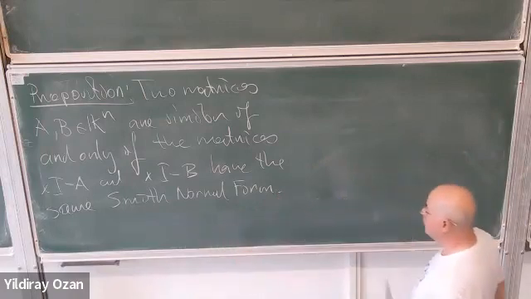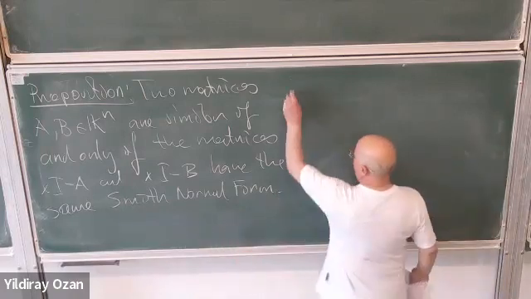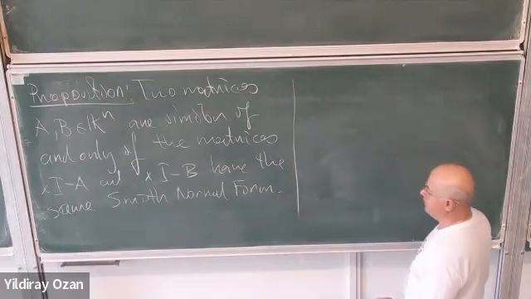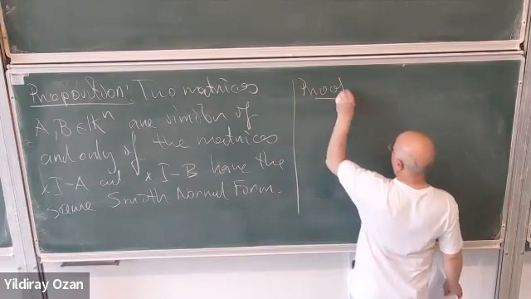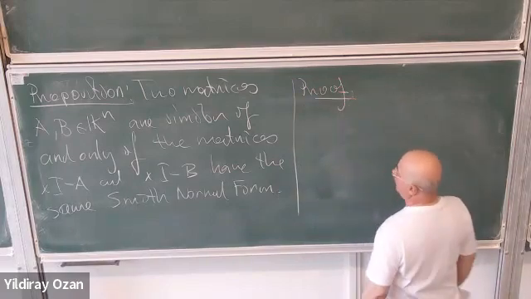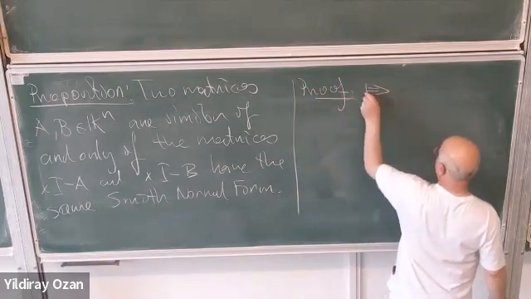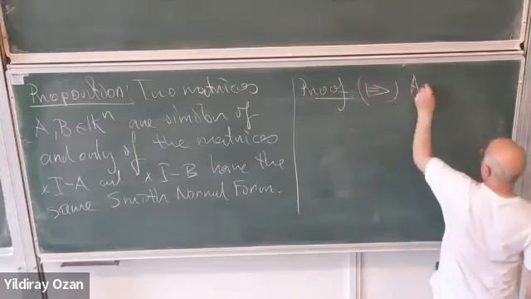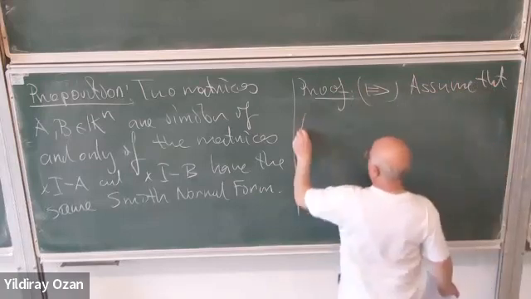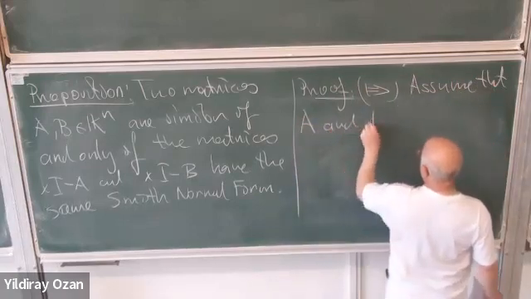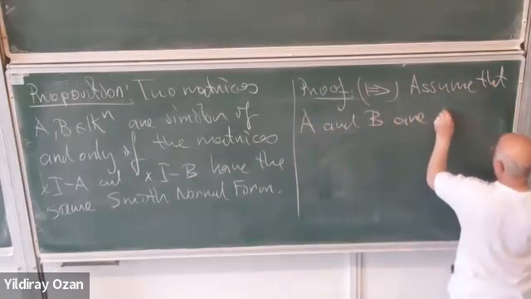Okay, now let's see why this proposition is true. Well, first, let's assume that the matrices are similar. Assume that A and B are similar.